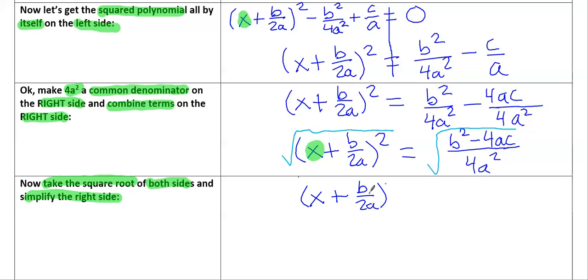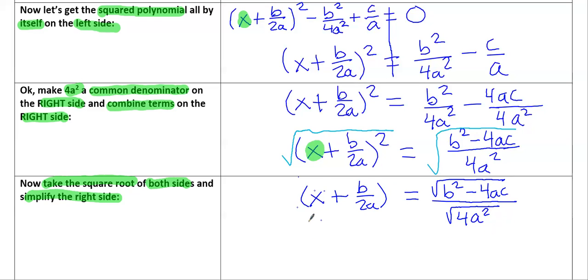So I don't even need those parentheses. I can just get rid of those parentheses, but I'll come back to that. Equals, and then using the quotient property of square roots, you get the square root of b squared minus 4ac over the square root of 4a squared.